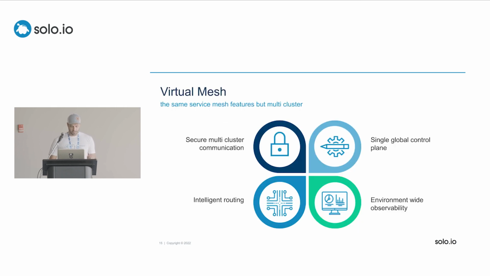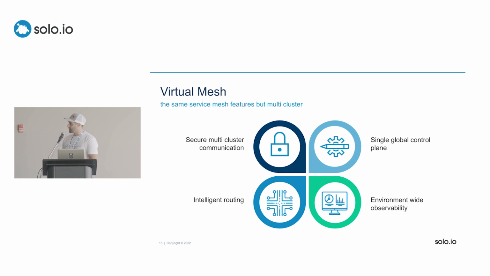And so what that does is it essentially takes those service mesh features that I talked about in a single cluster and moves them to be environment-wide for every cluster. That means secure communication even when you leave your cluster, a single global control plane where you manage your whole fleet of service meshes as one.